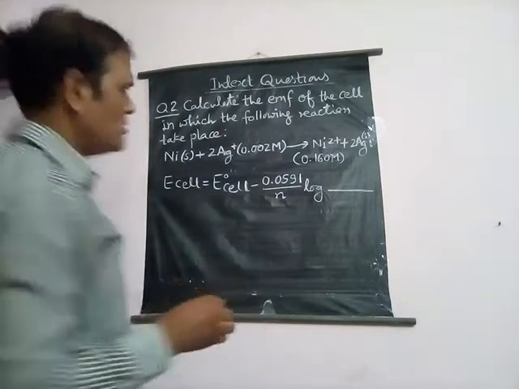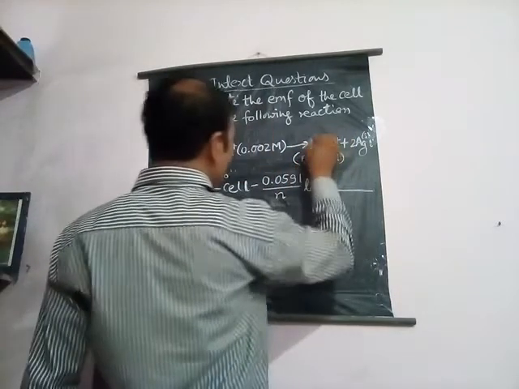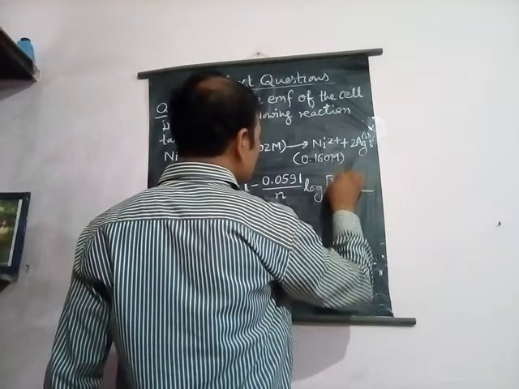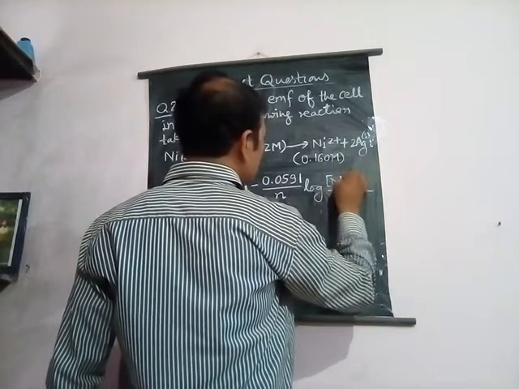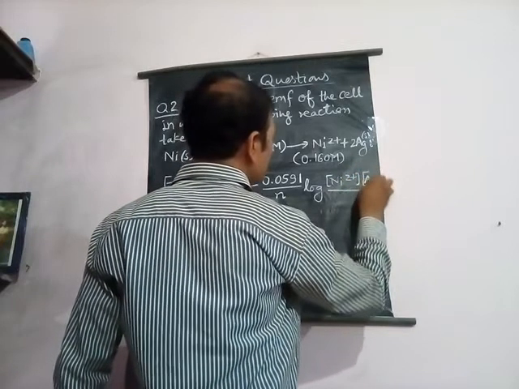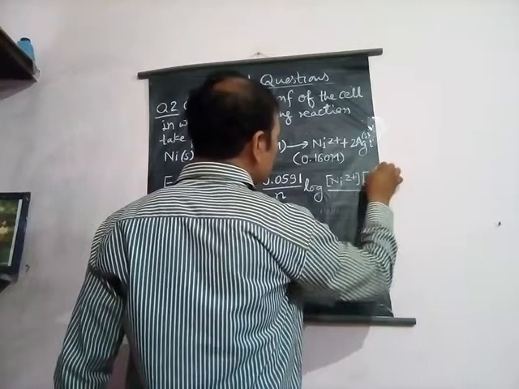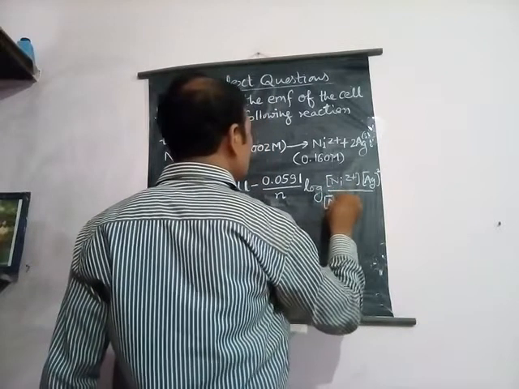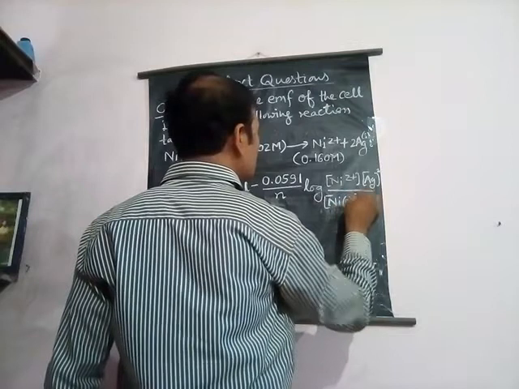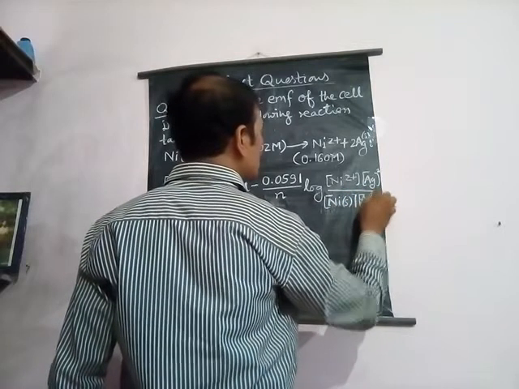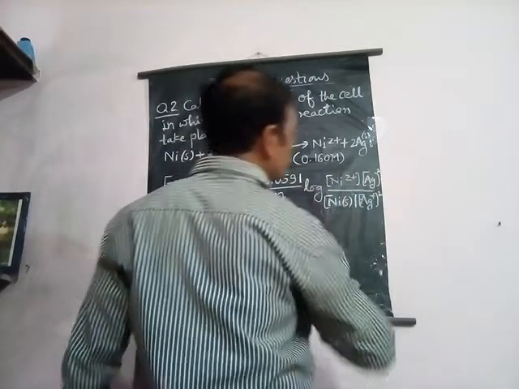We take the products on this side: Ni2 positive ion and Ag, which is present in solid state, to the whole power, and here the nickel in solid state and the Ag positive ion to the whole power.